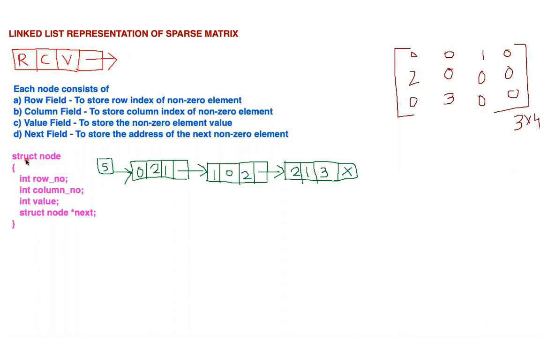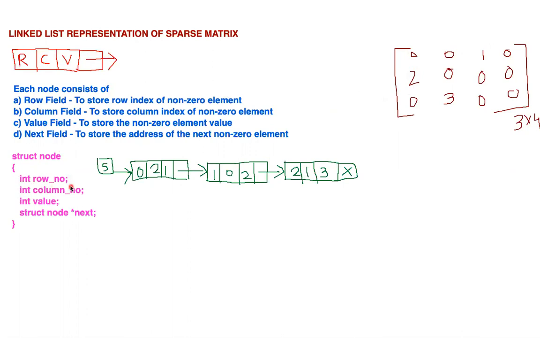Now, we have already seen that if we want to implement a single linked list, there are in particular 2 fields. One is the value field and one is the next pointer field. But when we are representing a sparse matrix, it will have three values. We have kept all these three values as integer because typically the matrix contains integer values.